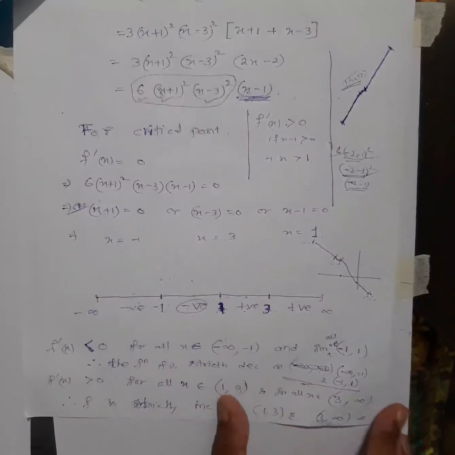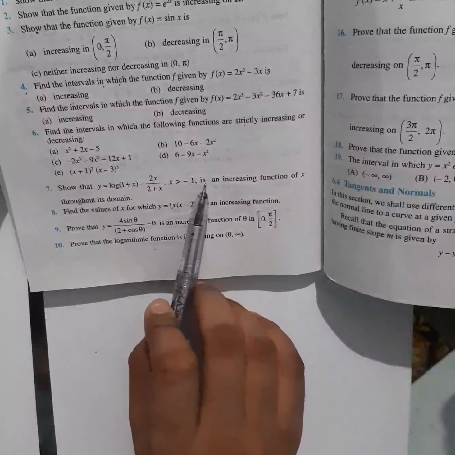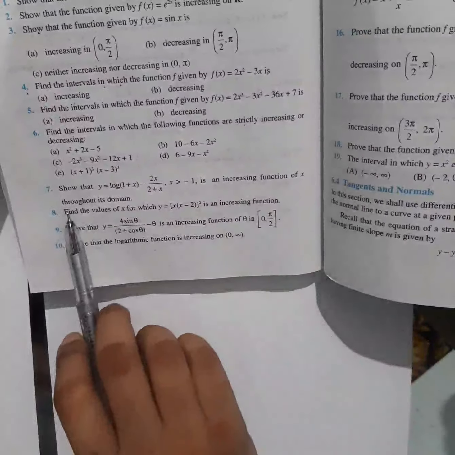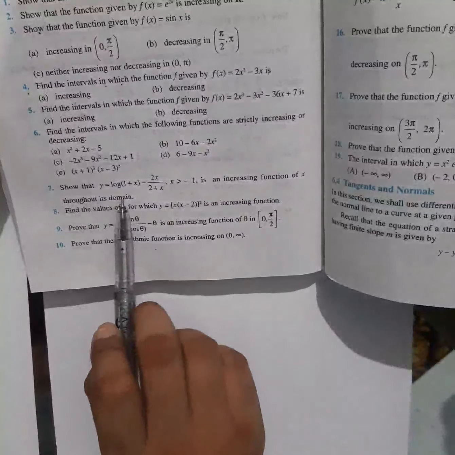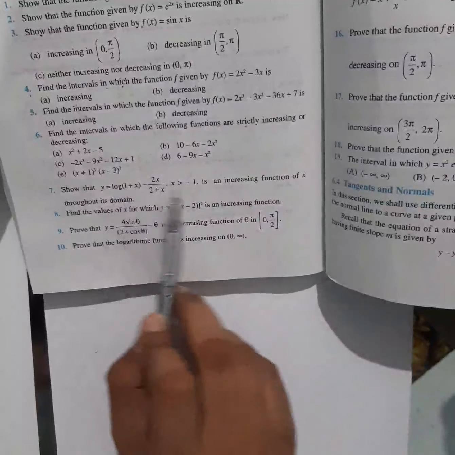In 7 also they didn't ask you to find out whether it is strictly decreasing or increasing. They are simply saying show that log of 1 plus x minus 2x by 2 plus x, for x greater than minus 1, is an increasing function of x throughout its domain. Throughout its domain means what? Whatever x value you will take, for that you have to show that it is an increasing function.